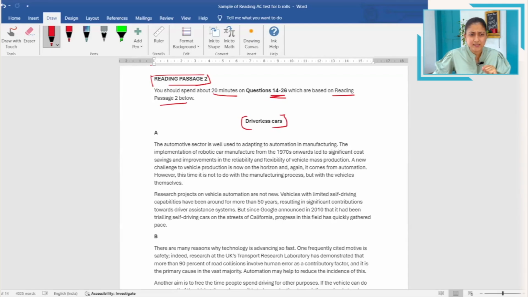If you notice, in the first passage, the paragraphs were not labeled with letters. Here we see the passage is divided into different sections and each section is labeled by a letter.